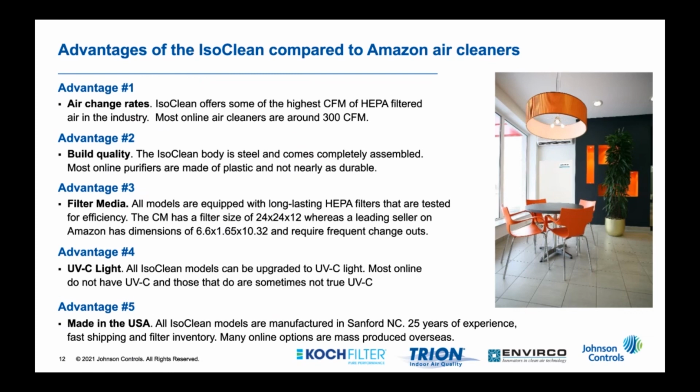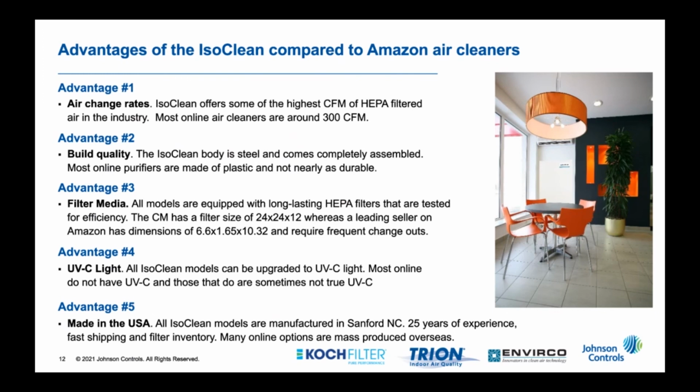All the IsoClean models can be upgraded to include an optional UV light. Most of the online units don't have a UV light, and the ones that do probably don't have nearly enough UV to make any difference. And of course, advantage number 5, God bless America, IsoClean is made in the USA.